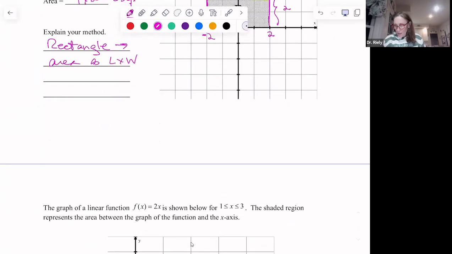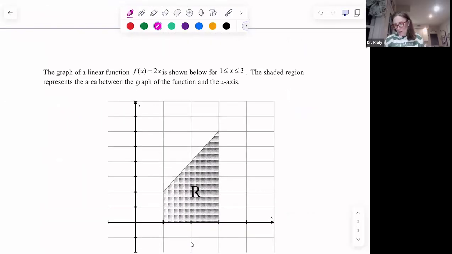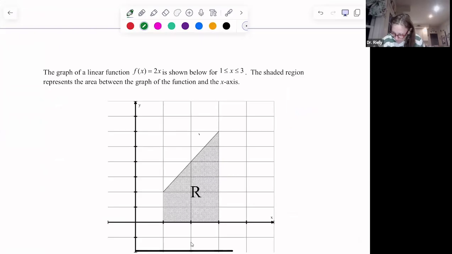So instead of having it be a horizontal line, y equals 2, let's have it be a line with a slope that's positive. So again, here's your line. This is y equals 2x. And I'm going to limit it between 1 and 3 inclusive.